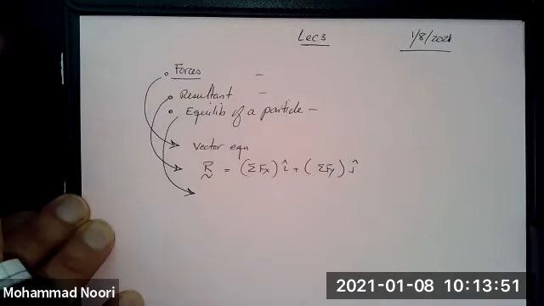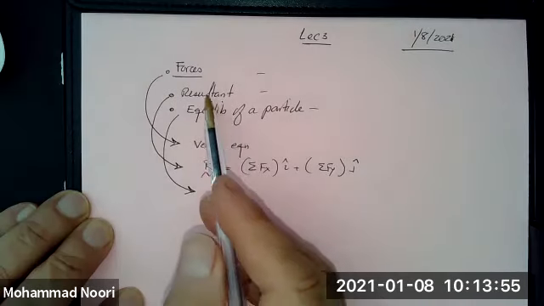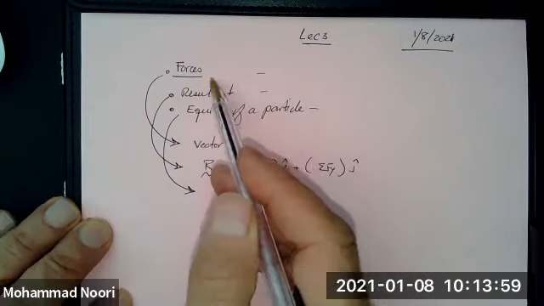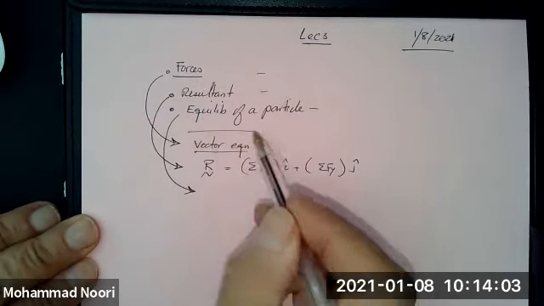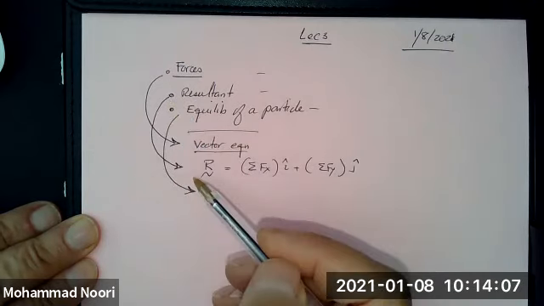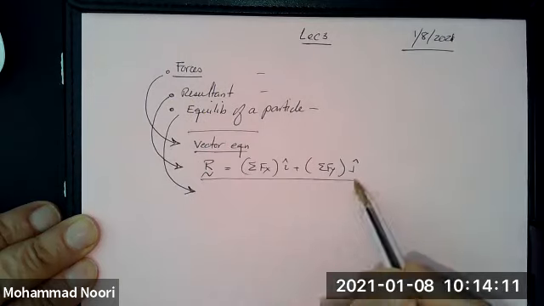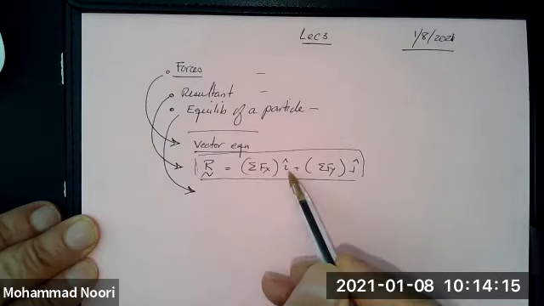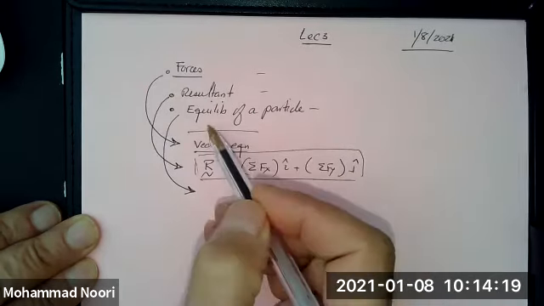We introduced the meaning of a force by writing, in the Cartesian coordinate, the vector equation for a force. And we demonstrated that if you have several forces, the resultant is simply the sum of the x components of all those forces times i plus the sum of the y components times j.